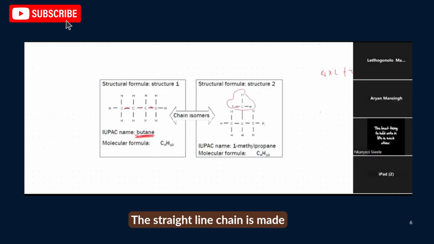The straight line chain is made up of 3 carbons, whereas there is a carbon that is then going to be attached to the overall structure, and we call that branching. Now, the way we will name it, we would say it's a 1-methylpropane. This is a bad name. It should have been a 2-methylpropane, implying that instead of having hydrogen there, we substituted a whole methyl compound.